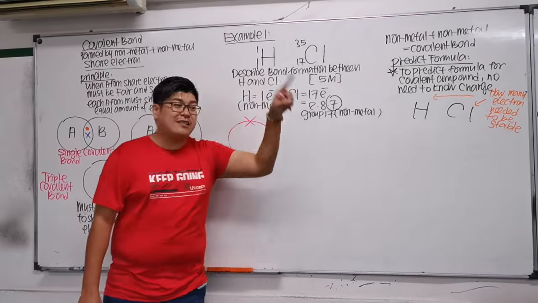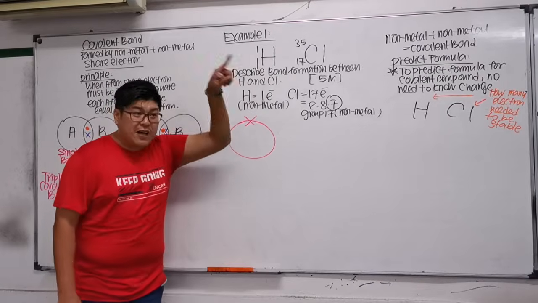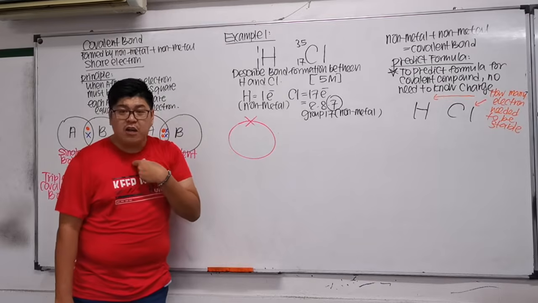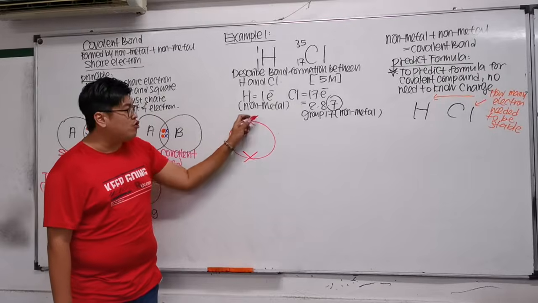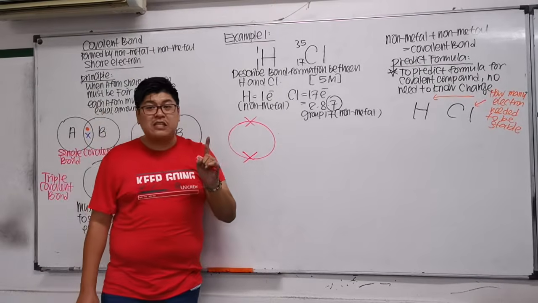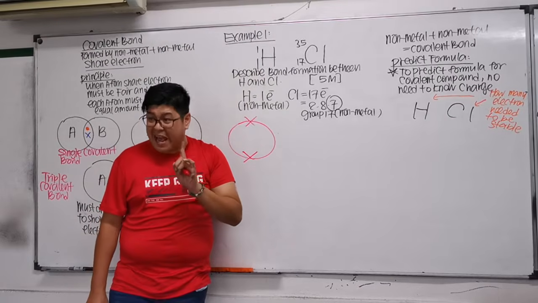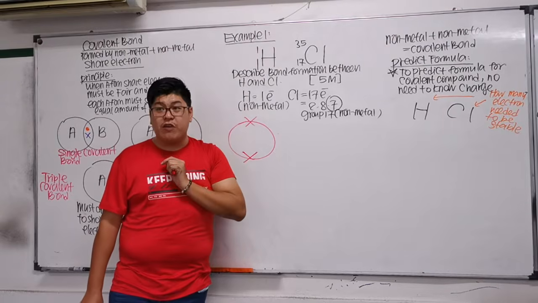Because for the first shell, how many electrons are needed? 2. For the first circle, you only need 2, then you are stable already. So when you have 1 electron, you just add 1 more, so you become 2 and are stable. I heard 7 just now. Why is 7 wrong? Because the first circle doesn't need to be 8. First circle, 2 is sufficient already. Clear?